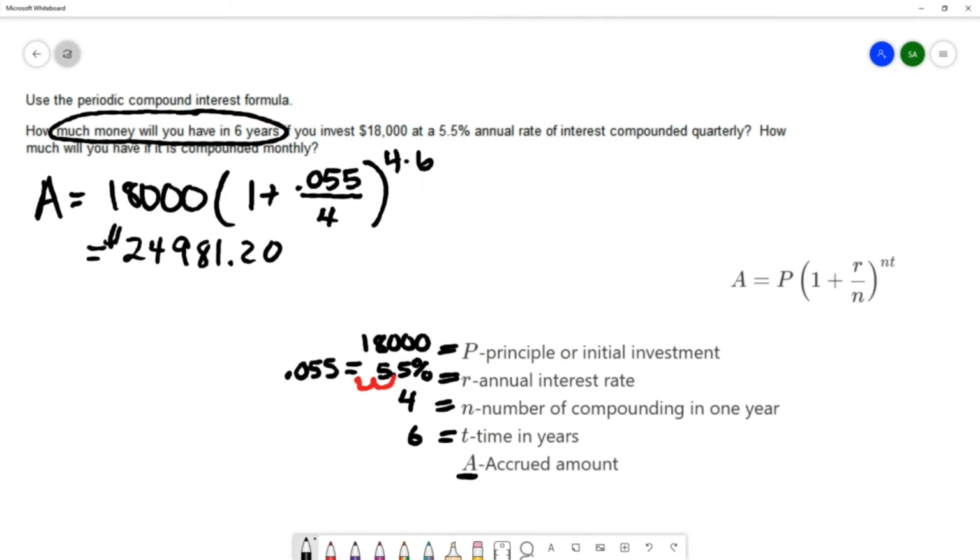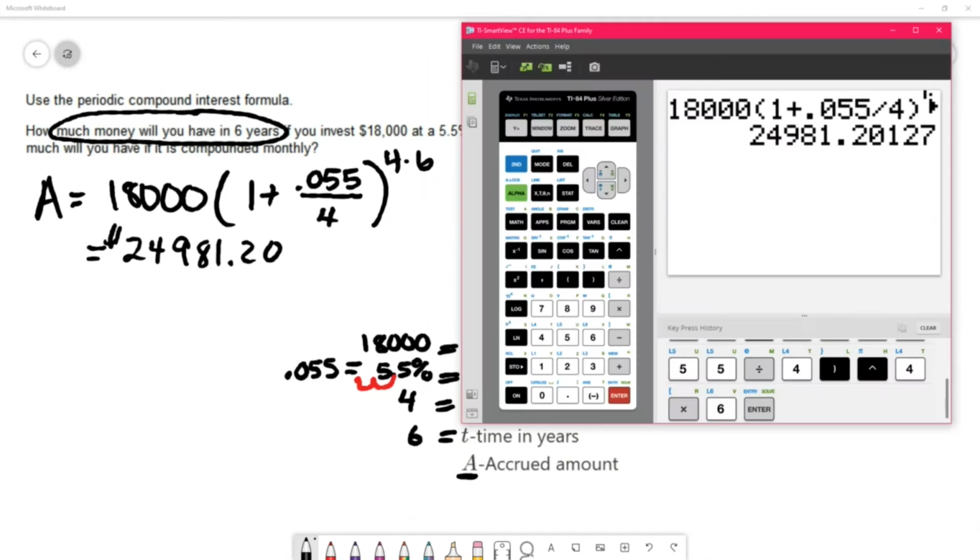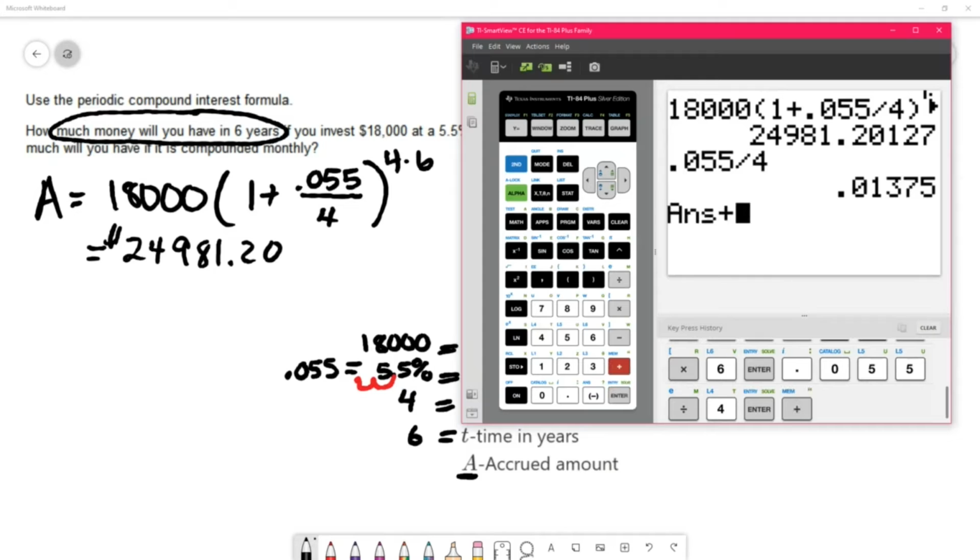Now, if you don't have a calculator like this, and you need to type in each individual operation, this is how you would type it. You want to make sure you follow order of operations. So you're going to start inside the parentheses, and you're going to do the division first, 0.055 divided by 4. We're still inside the parentheses, and we need to do the addition.